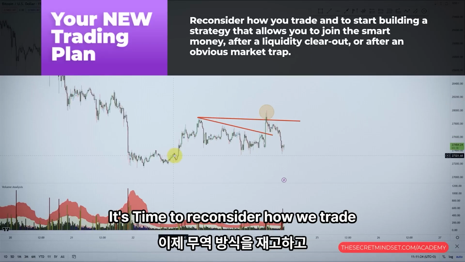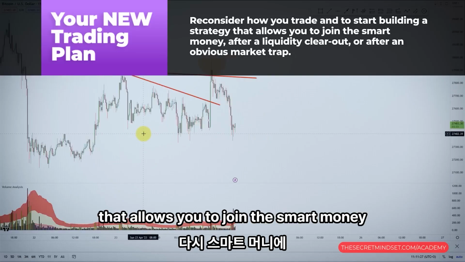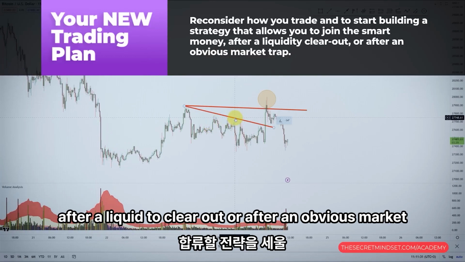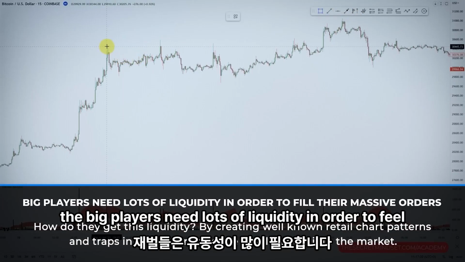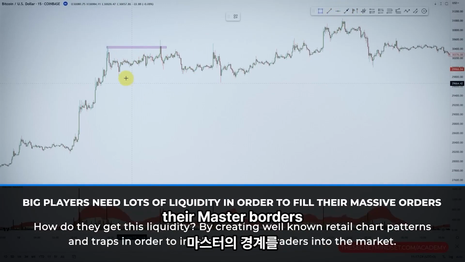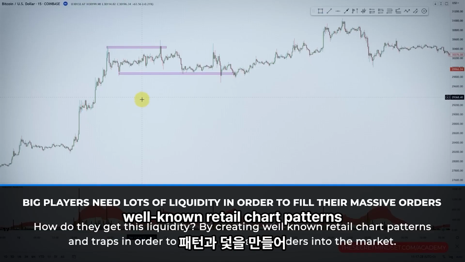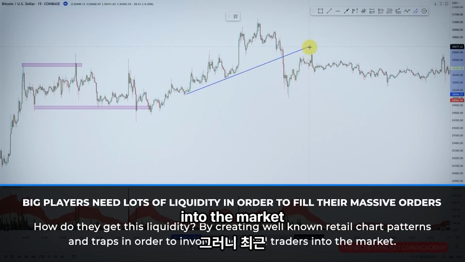It's time to reconsider how you trade and how to start building a strategy that allows... this liquidity by creating well-known retail chart patterns and traps in order to involve the retail traders into the market.